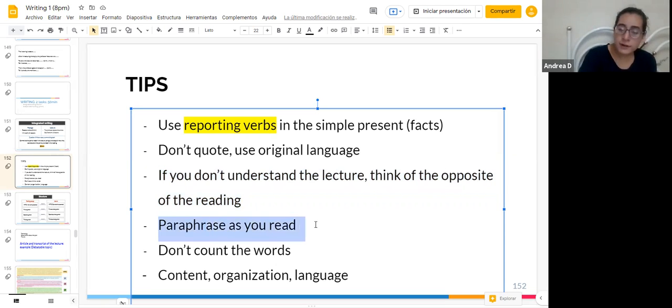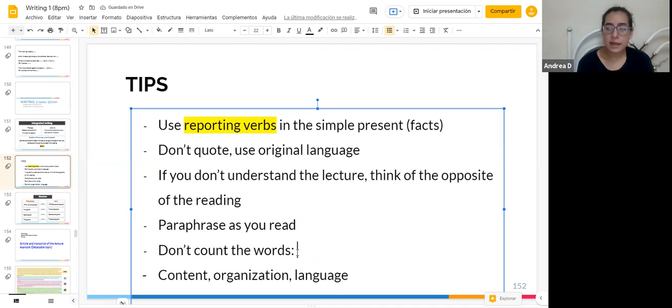Now you need to paraphrase as you read in order to find some synonyms and not to repeat. Please don't count the words. I'm sure you guys are going to ask me how many words do I have to write? According to the ETS, according to the TOEFL, an ideal number would be between 200 and 250 words.